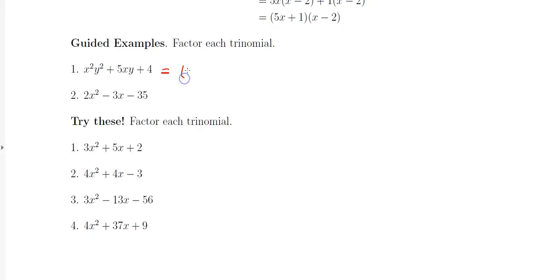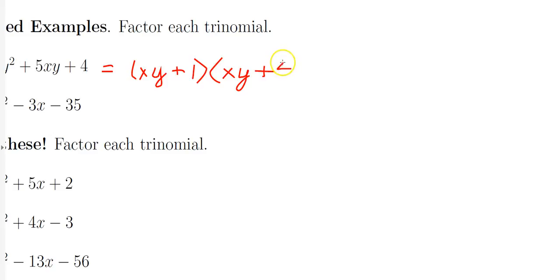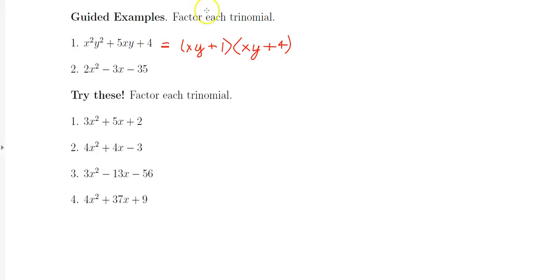So let's try xy plus 1 times xy plus 4. And what we'll see is that if I FOIL this back out, xy times xy is x squared y squared. The outers give me 4xy. The inners give me xy. So I have 5xy, and 1 times 4 is 4.